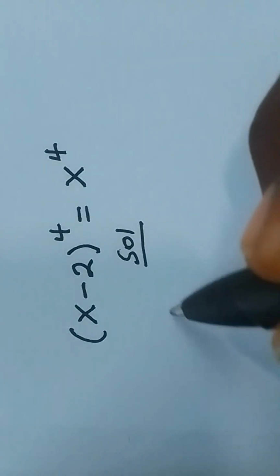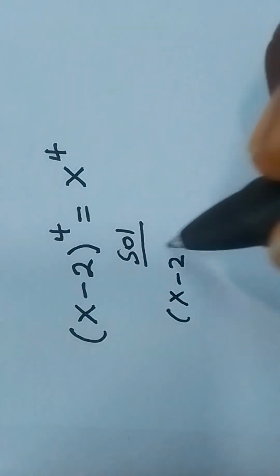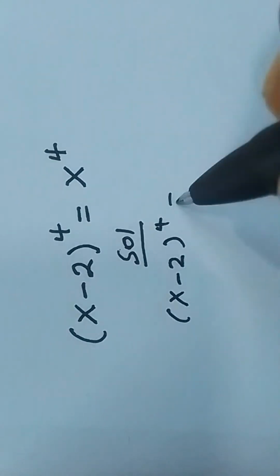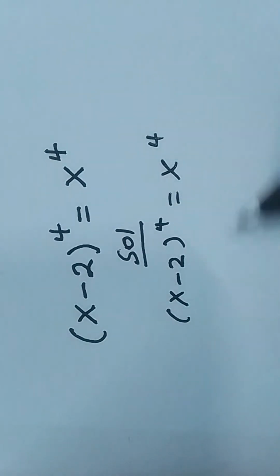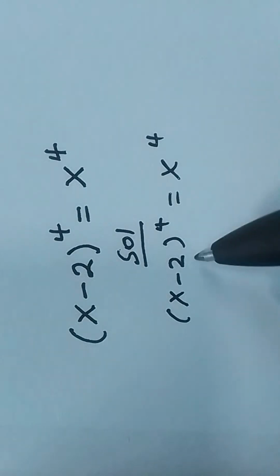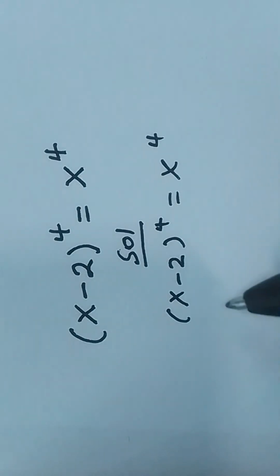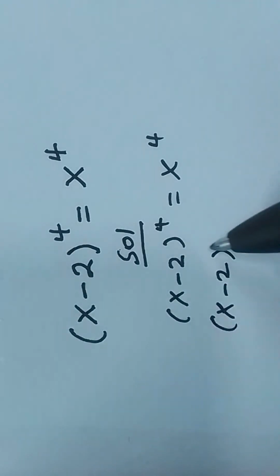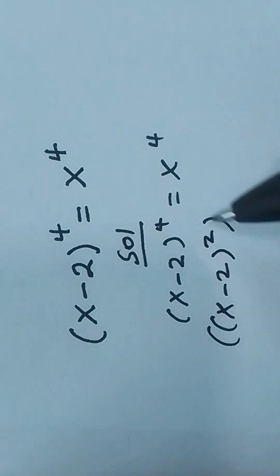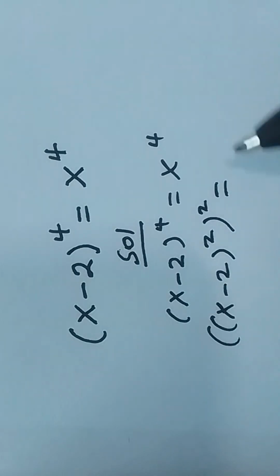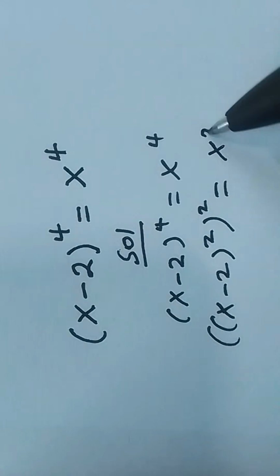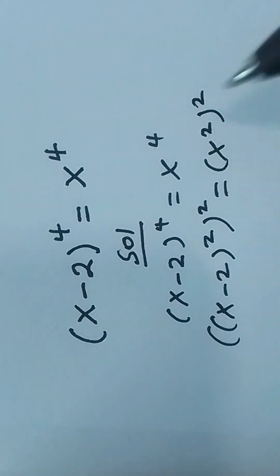We have (x - 2)^4 equal to x^4. (x - 2)^4 we can rewrite as ((x - 2)^2)^2, and x^4 can also be written as (x^2)^2.